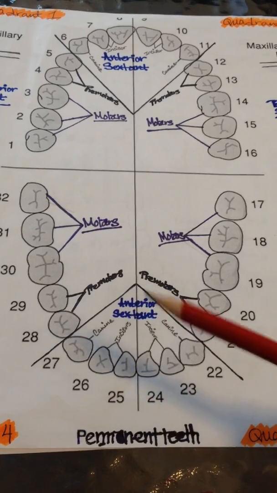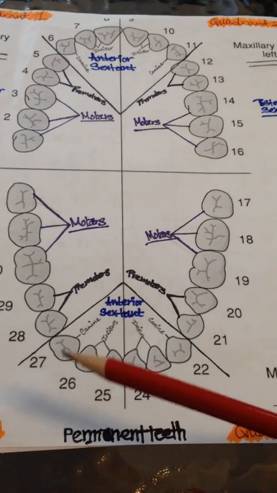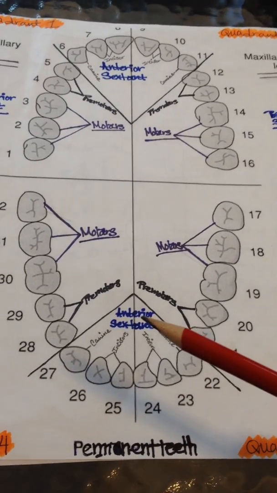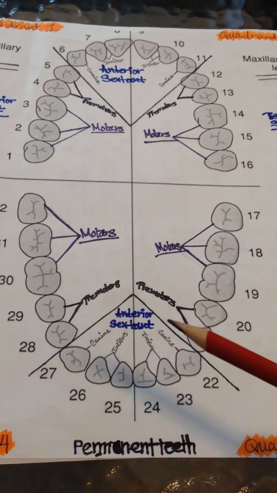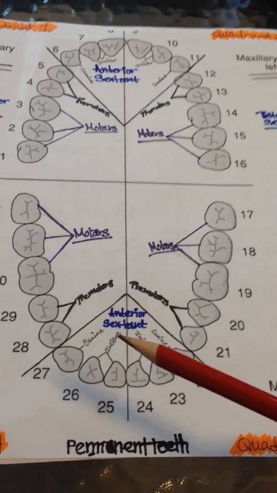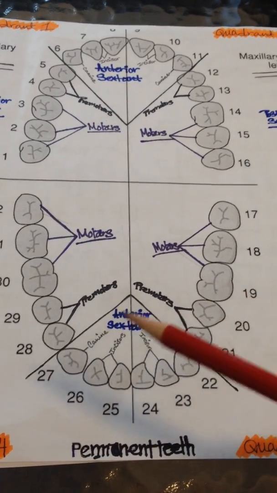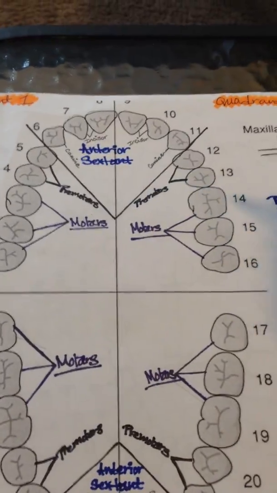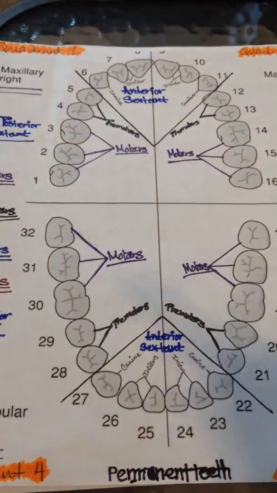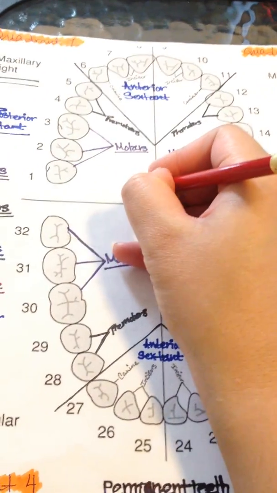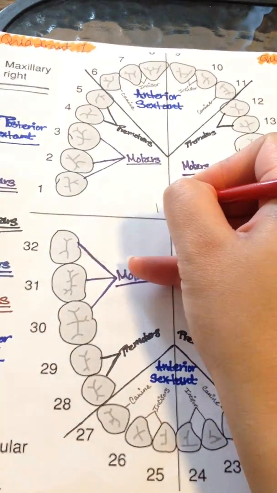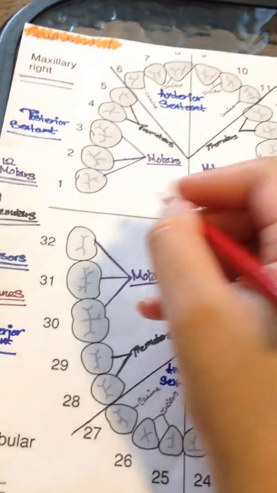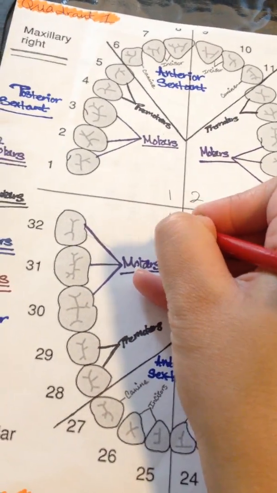So we divide this part like a triangle, and the canines and incisors in here are called the anterior sextant. Then you have premolars, molars. As you can see, they're still divided in quadrants, which are quadrant 1, 2, 3, quadrant 4.